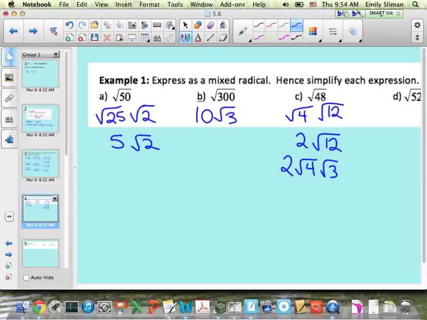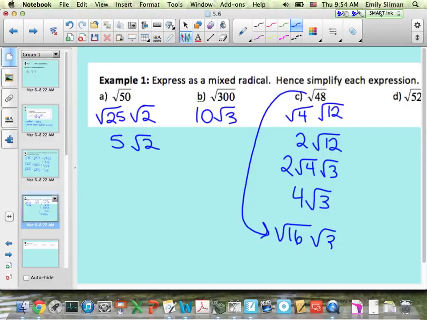This does not become 22, it's 2 times 2. So the final simplified answer is 4 root 3. That means from the beginning, 48 is the same as what times 3? So from the beginning, it could have been root 16 root 3, which is also 4 root 3.